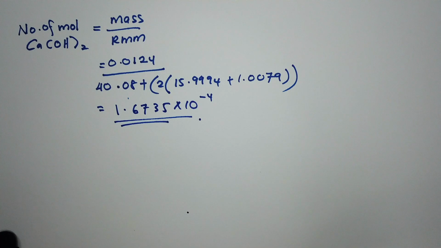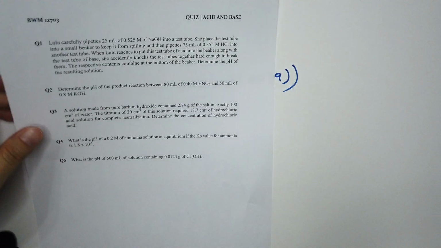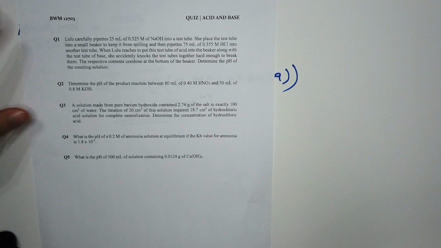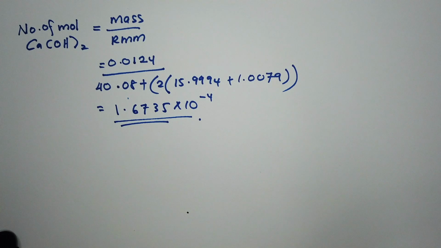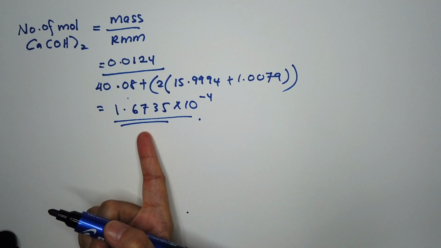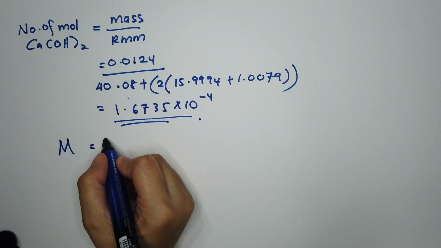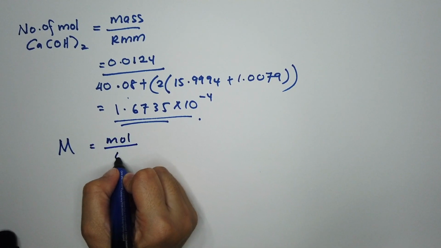And then from here you can see that in the question given to you, the volume is actually 500 ml. So you have the number of mole, you have the volume, so you can get the molarity. So molarity is equivalent to mole over liter.